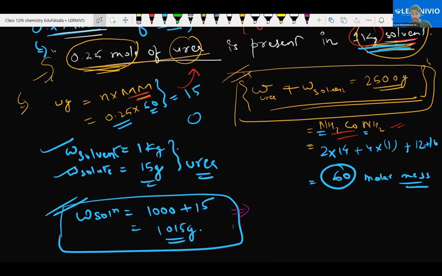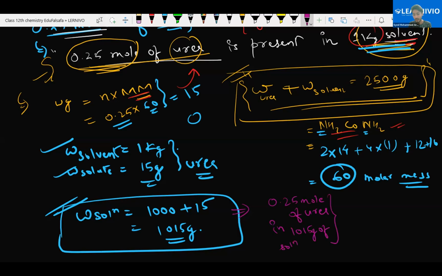I am just telling you each and every doubt. Now the answer of all these questions is that I am getting 0.25 moles of urea in 1015 gram of solution.